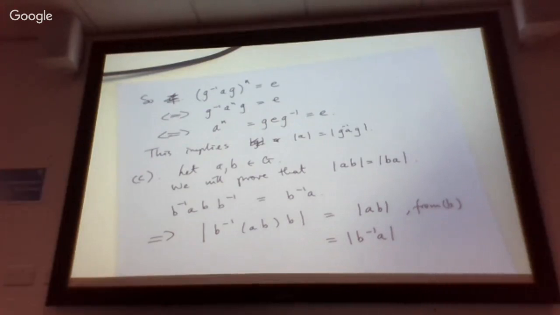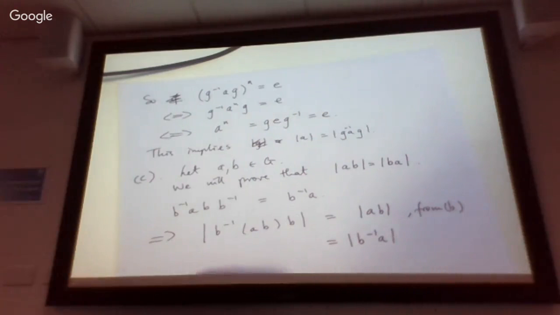That cancels those G's, and doing the same operation on the right, we multiply on the left by G and on the right by G inverse. So really I've got G inverse G there, but of course that's just equal to E, the identity. Again, sorry about the misstep in the middle, but we get this equivalence.